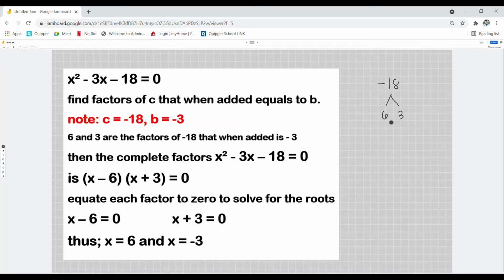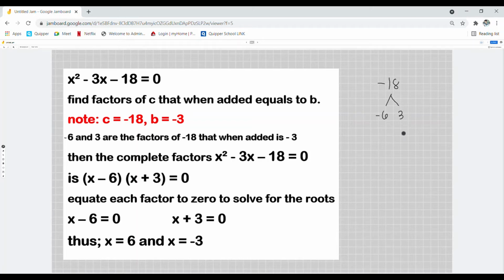Okay, which one should be negative? Since negative is second, so we will have our bigger number negative. So here this 6 must be a negative, so negative 6 and 3 are the factors of negative 18 that when added is negative 3. As you add negative 6 plus 3, it would be negative 3, meaning negative 6 and then positive 3 are our factors of negative 18.